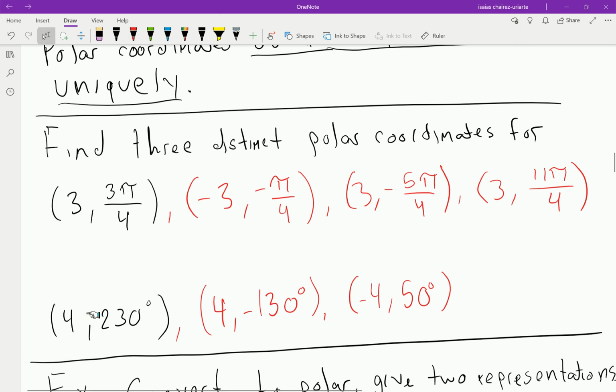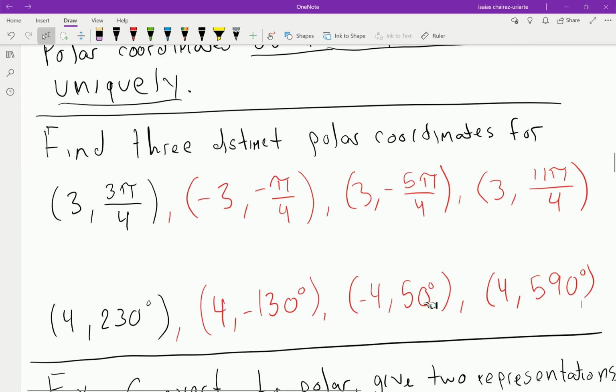If it helps, you should plot this point (4, 230°) first. In which quadrant does this lie? It should lie in quadrant 3. And I agree that this one also lies in quadrant 3. Let's come up with a third one: (4, 590°). 230° and 590° are positive coterminal angles.